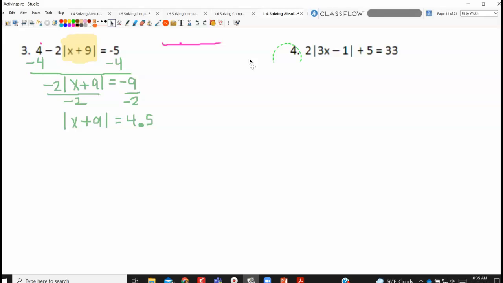Now my absolute value is isolated, so I split the problem into the positive and the negative. So you get x plus 9 equals 4.5, and x plus 9 equals negative 4.5.